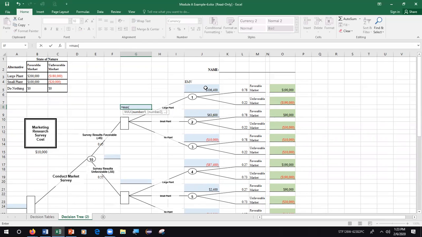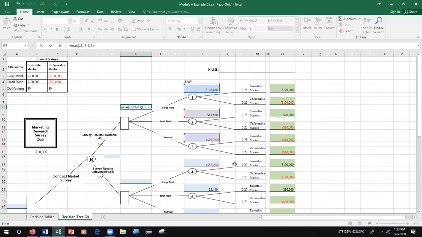And then you can just hold control down these three. The top three is the 106.4. We either large plant, small plant, or no plant.